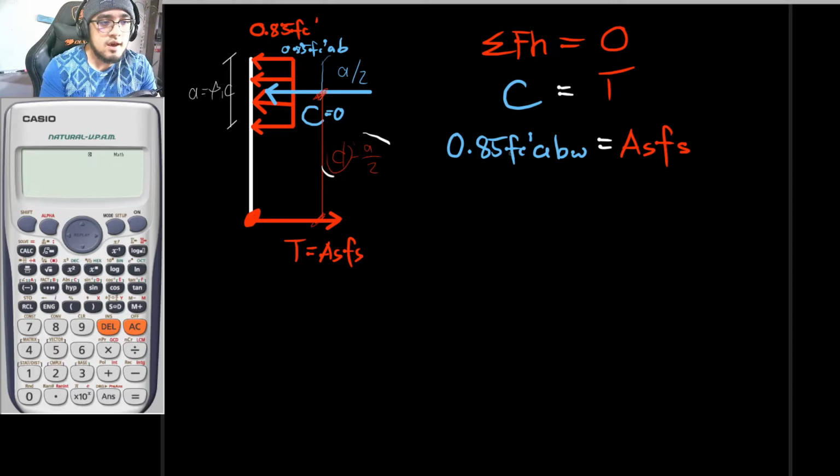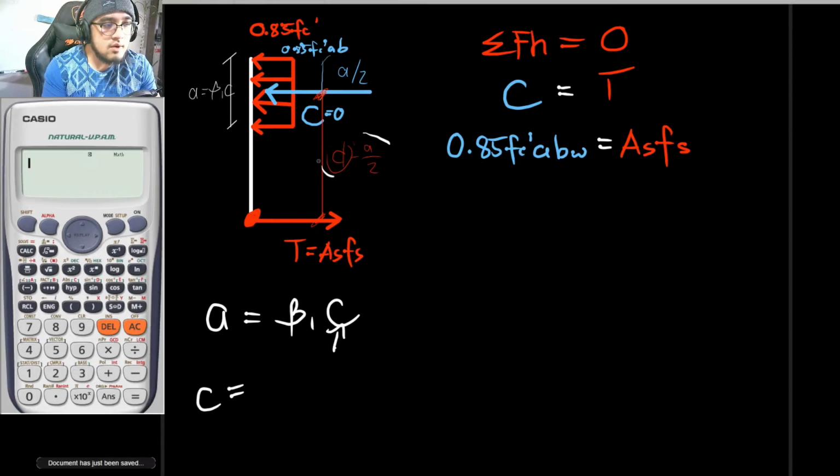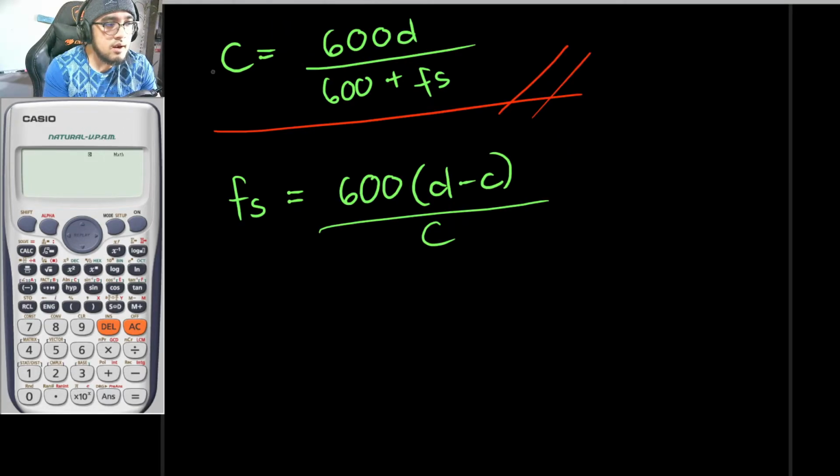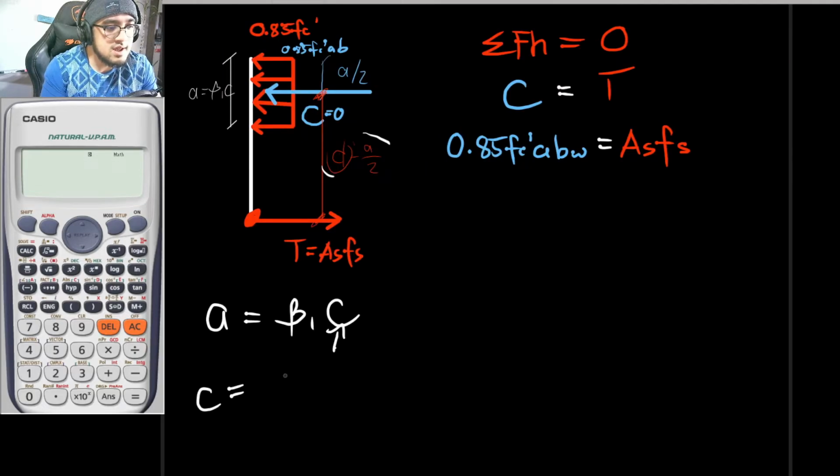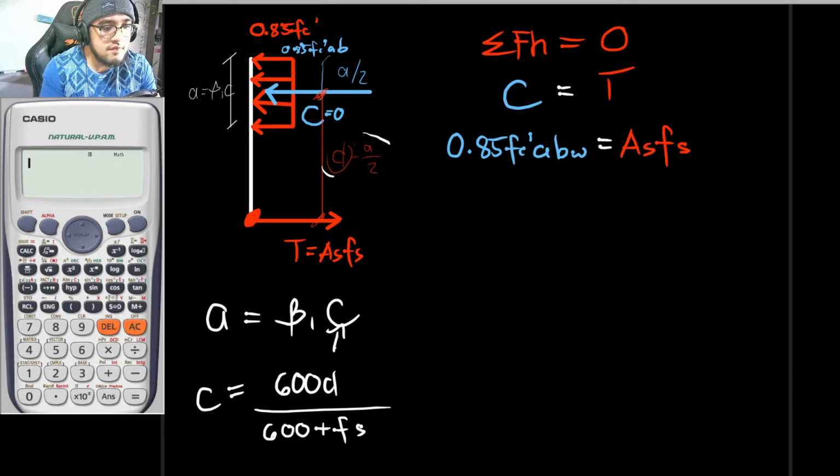So basic. And once again, the value of your a is equal to beta 1 times c. So remember this. And from the previous derivation, your value for c is equal to 600d divided by 600 plus fs.